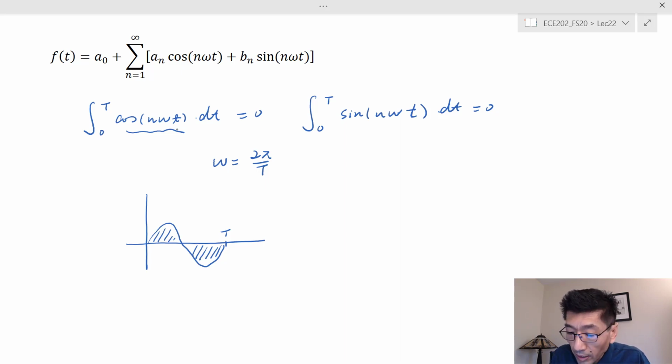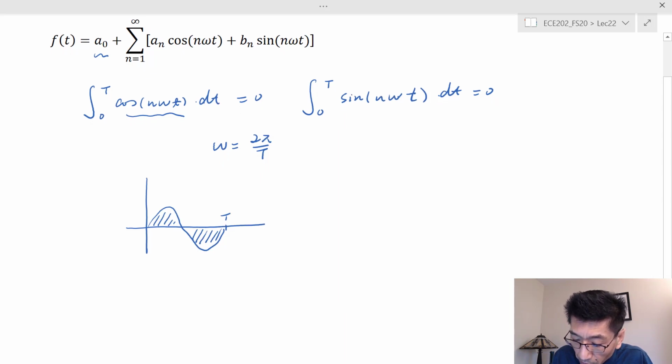So let's start looking at the DC component. To find the DC component, we start with the integration from 0 to T of f(t) dt. Right off the bat, we utilize the fact that the cosine n omega t terms, for n not equal to 0, all integrate to 0.